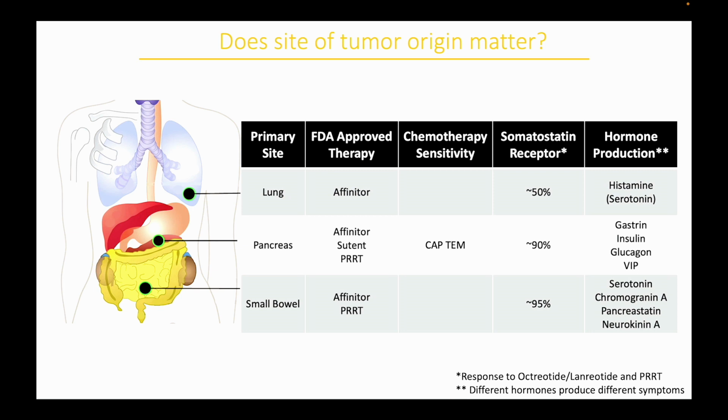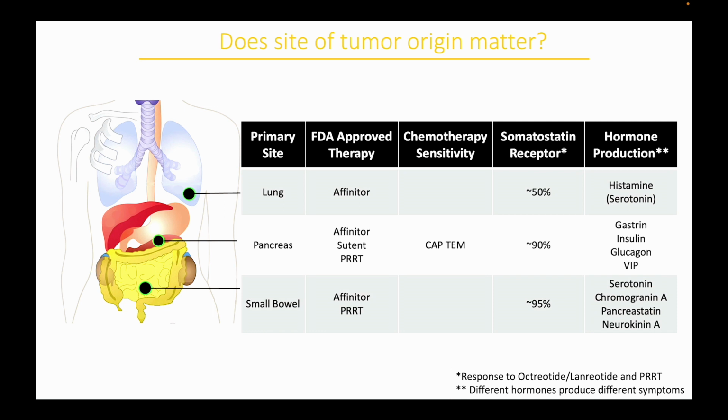Different tumors have somewhat different sensitivity to chemotherapy. And most importantly, I think, different tumors can have different amounts of the somatostatin receptor and therefore different sensitivities to the monthly injections or to the PRRT.